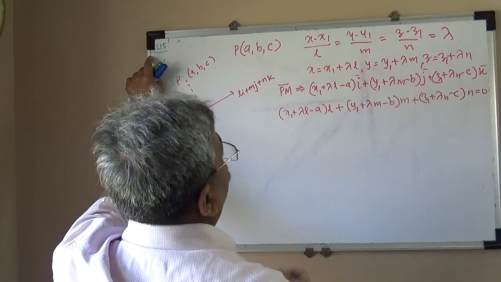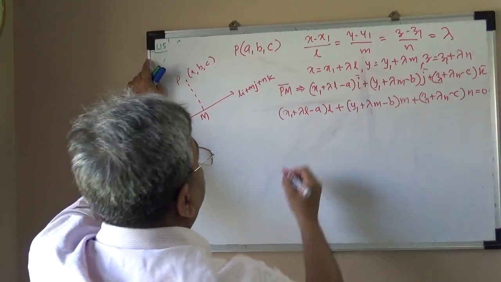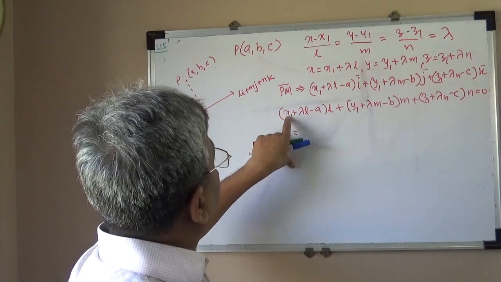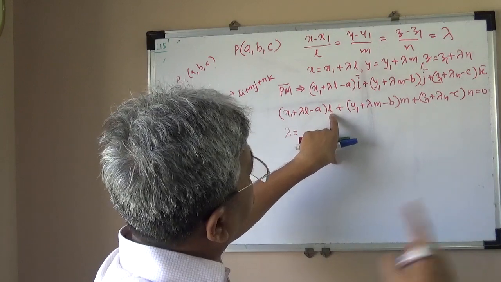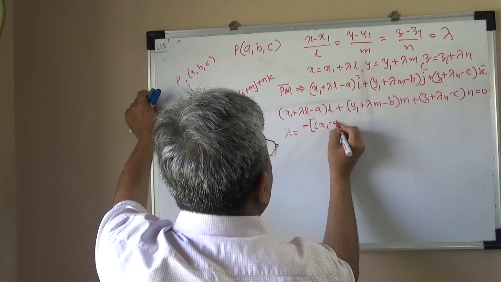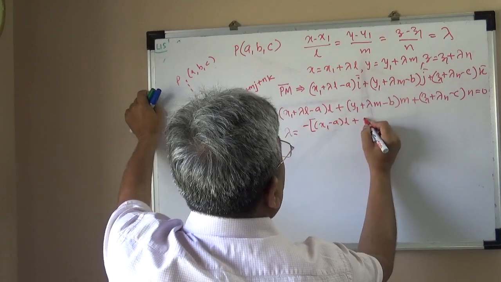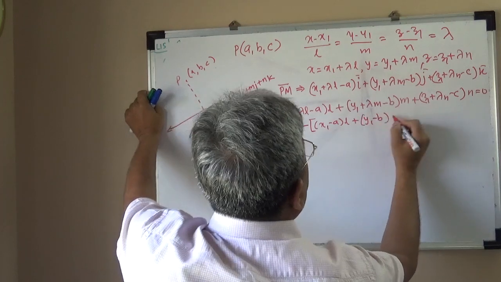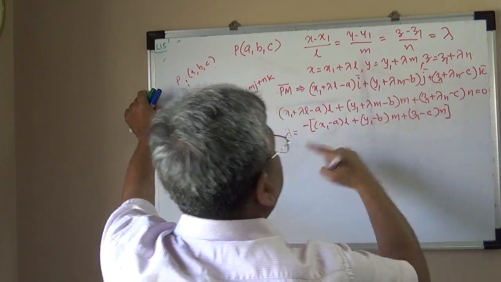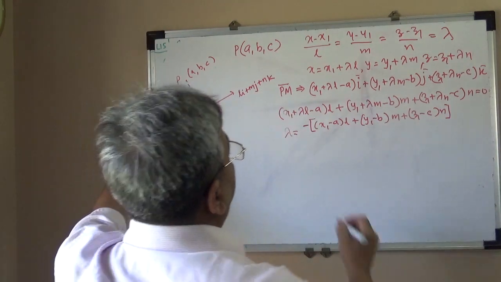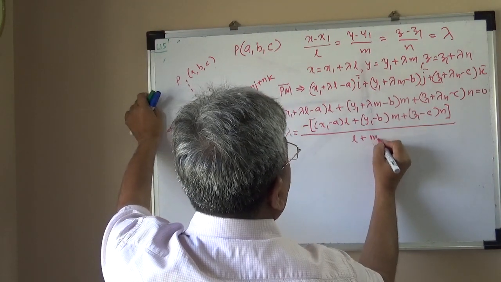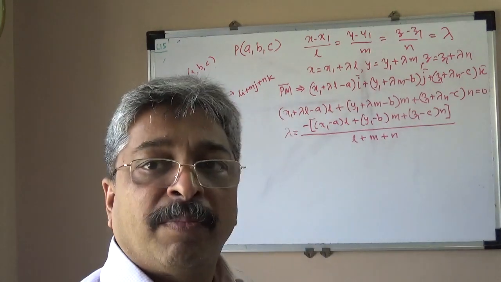Now if you observe and try to collect the lambda on one side, the lambda value we can directly say is minus of (x1 minus A) times L plus (y1 minus B) times M plus (z1 minus C) times N, that is what is going to RHS, and in the denominator you have L squared plus M squared plus N squared. That is what is the value of lambda.